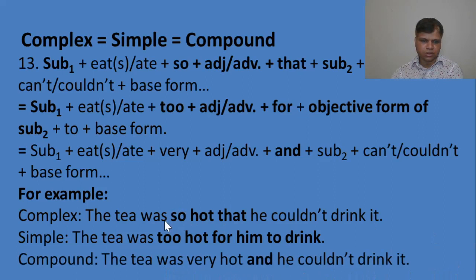So instead of so we use here too, adjective hot, then for, the objective form of subject to, here he, the objective form is him, to base form. And if you want to make it a compound sentence, two clauses will be joined by and, a coordinating conjunction.